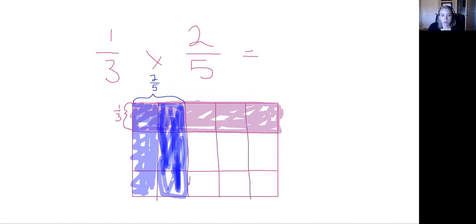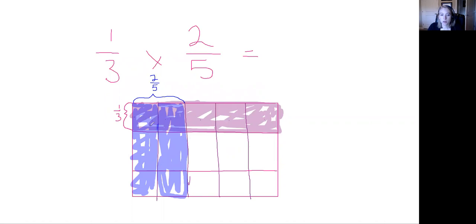So I shaded in my 2 fifths, and again, my answer is going to be this double shaded portion. So instead of it just being one of the squares this time, it's 2. So here, my 1/3 by 2/5 area is 2 out of the amount of equal size pieces that my whole is split into.